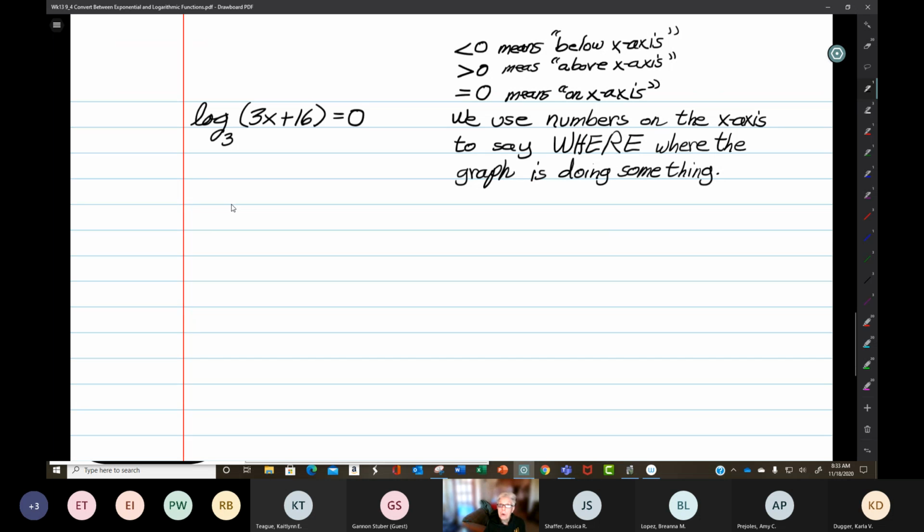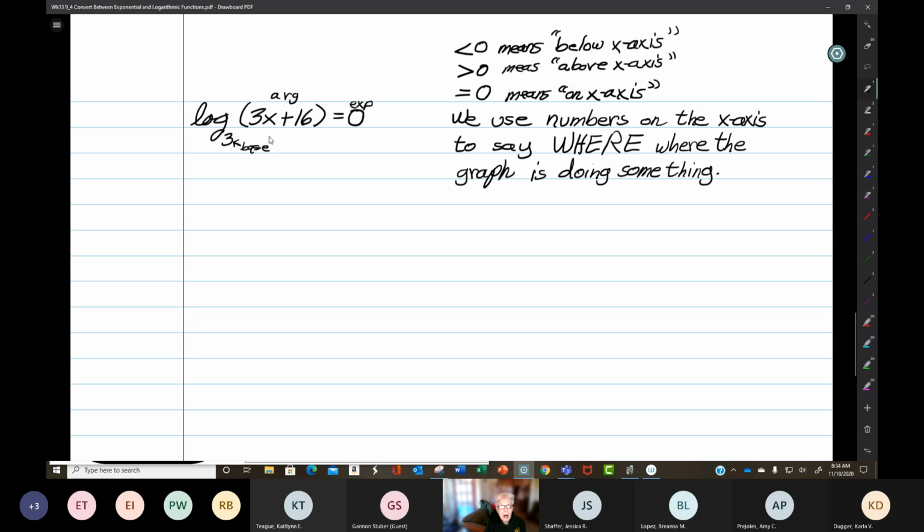We're going to do that now. Here's the base. Here's the argument. And here's the exponent. Can you have a 0 exponent? Of course you can.